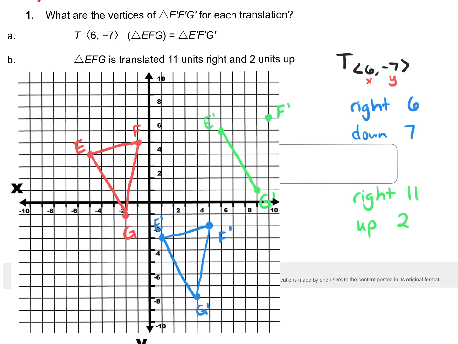Again, it's a rigid motion, so your shape should have stayed the same. All we did was we moved it.